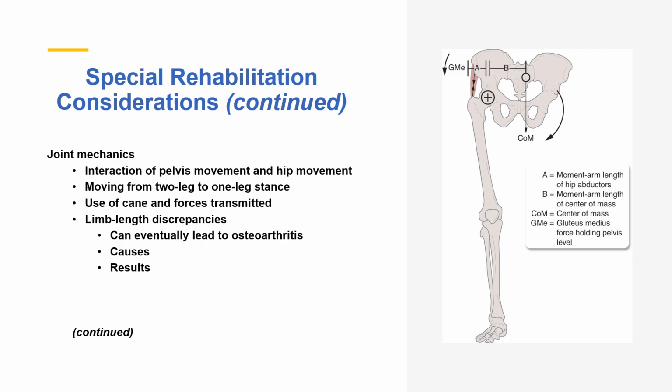Next, moving on to joint mechanics. As I've mentioned, there is an interaction or a connection between the pelvis and the hip. An anterior pelvic tilt moves the anterior pelvis closer to the anterior femur, and a posterior pelvic tilt will do the opposite action.